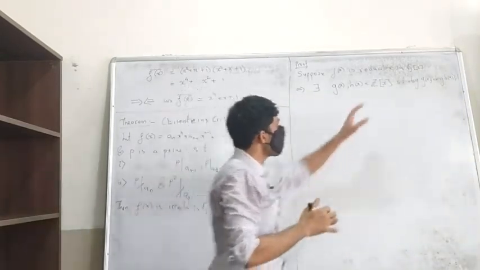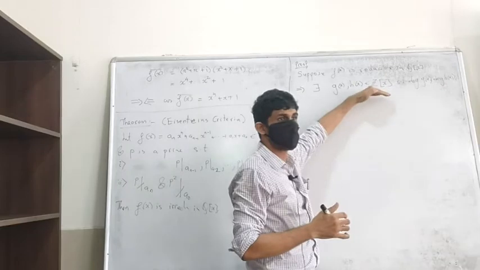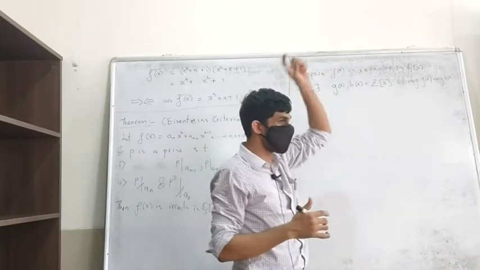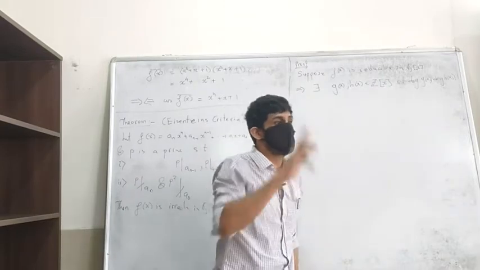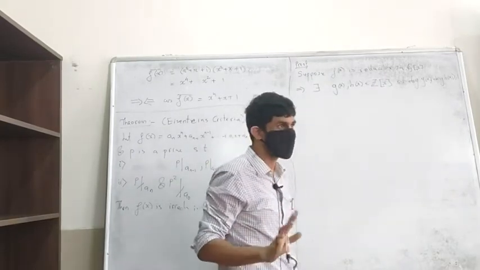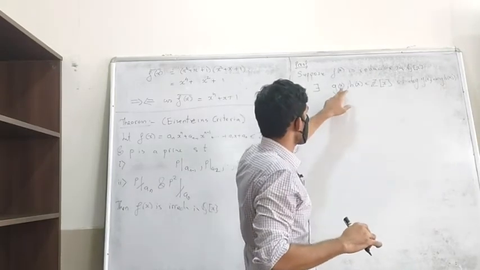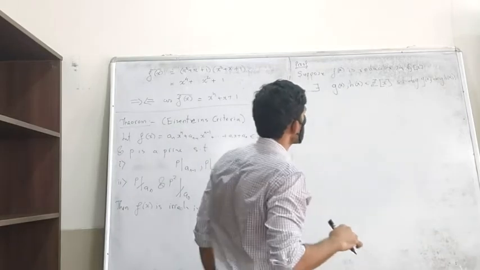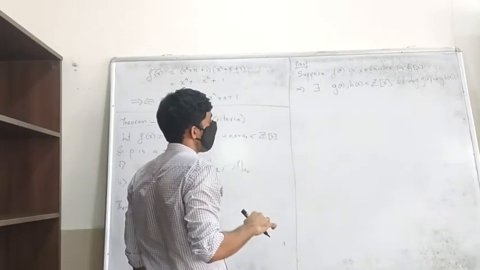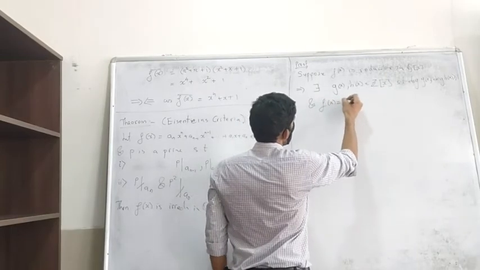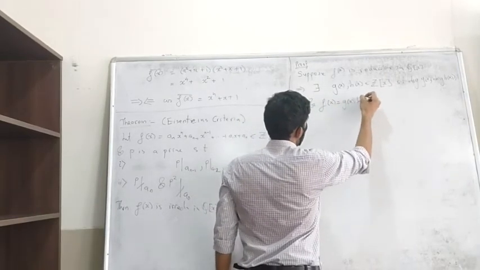I hope this is clear as to why I can get this. This is using the proof of the Gauss lemma. Because if you go through the proof, you see that the degrees do not change as we manipulate. So that is important. So the degrees of g of x and h of x are greater than or equal to 1, and f of x can be written as g of x times h of x.